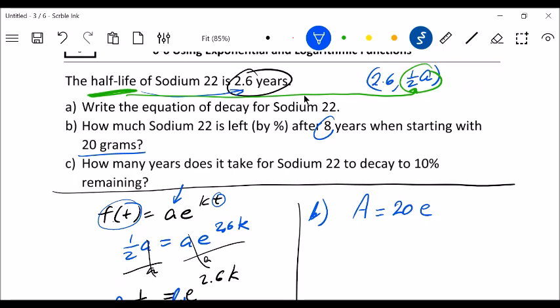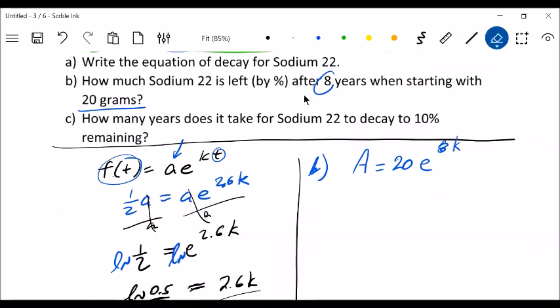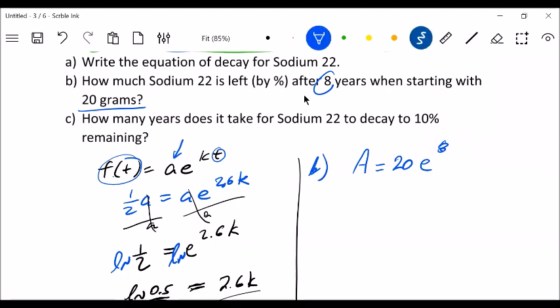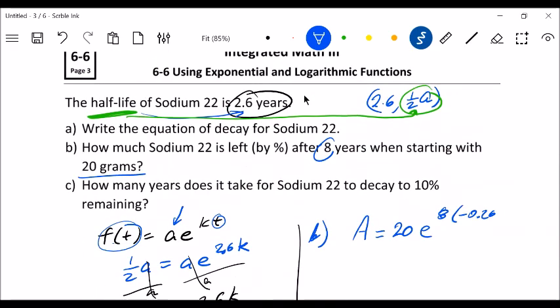And we want to know what years, 8, K. Well, we know what the K is. Let's put it in there. 8 times negative 0.2666.